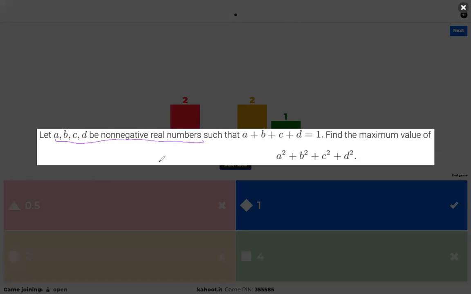And that means they're not negative. So the most that one of these can be is 1. If something's less than 1 and we square it, then it actually becomes smaller. So if we want to maximize this, we just let 1 be the value of one of the variables, and then the maximum value is 1.